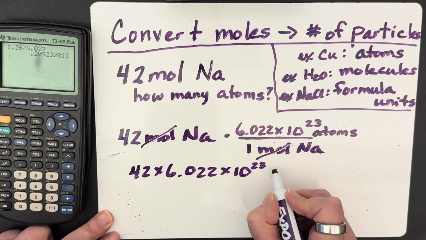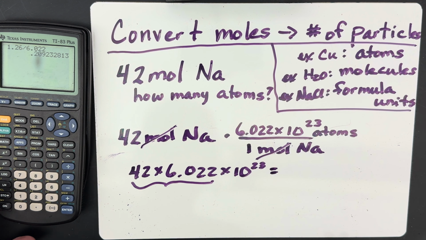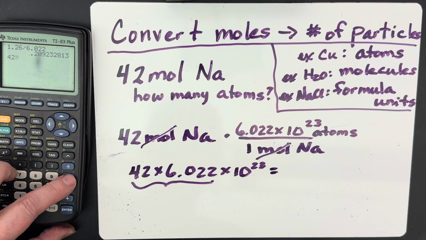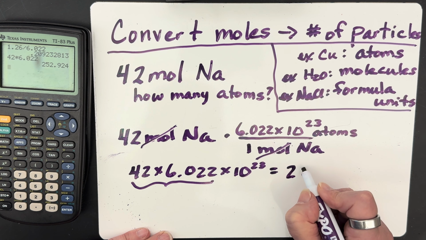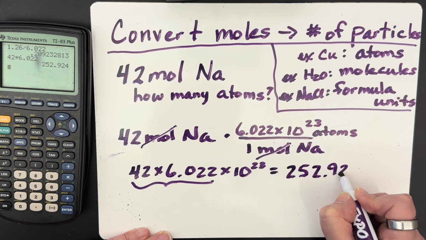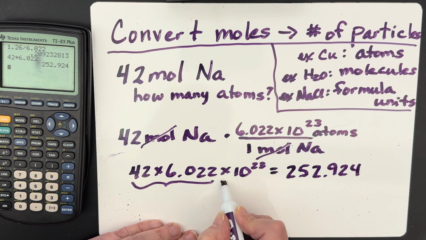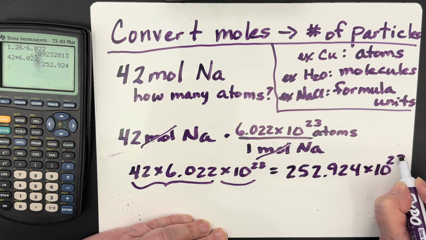Again, you can do this in your calculator, or you can take these two and multiply them together. So if we do 42 times 6.022, we get 252.924, and then times 10 to the 23rd.